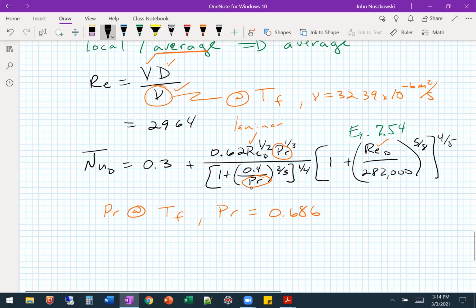All right. So then we put this equation in our calculator. We ask a friend to put it in their calculator. We get two different answers, and then we pick our favorite, and it ends up being the right one, which is a Nusselt number of 27.6.